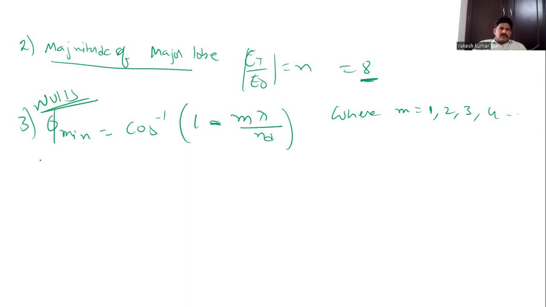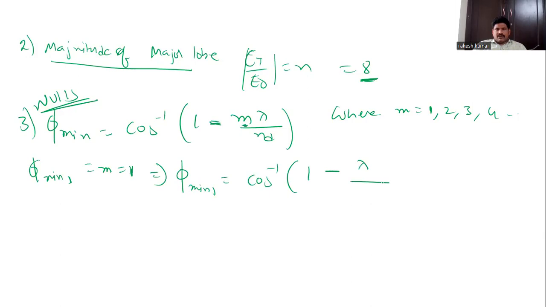Okay, let us calculate phi minimum 1, that is for m is equal to 1. Simply substitute here. Phi minimum 1 is equal to cos inverse of 1 minus lambda by, what is the value of n? N is 8, into the value of d, which is lambda by 2. Lambda will get cancelled, 2 ones are 2, 2 fours are 8.